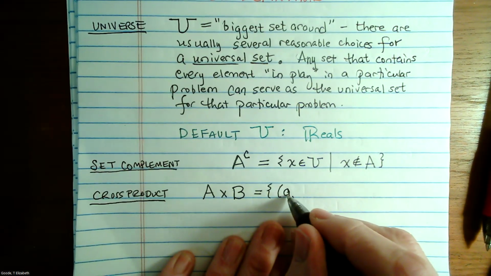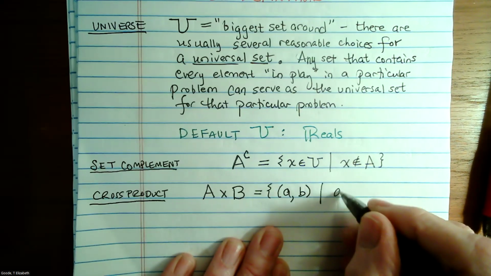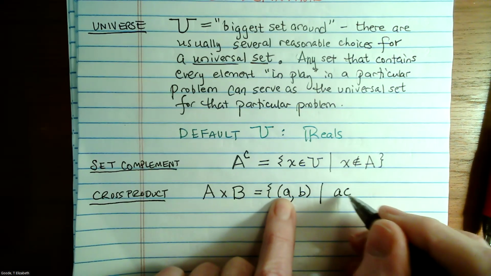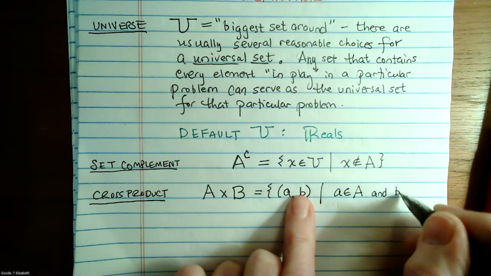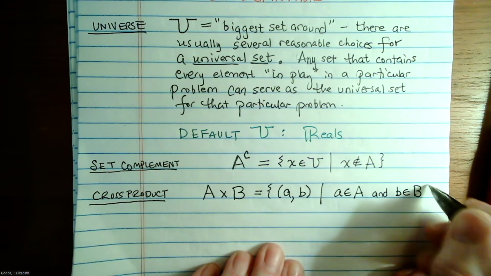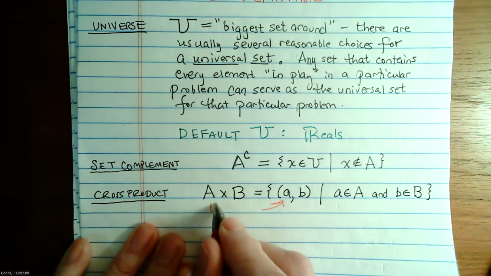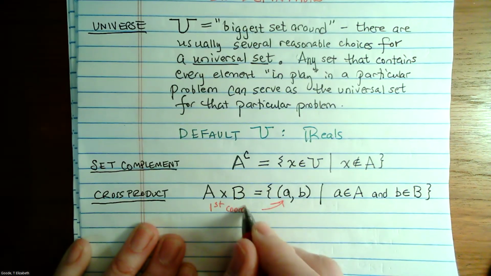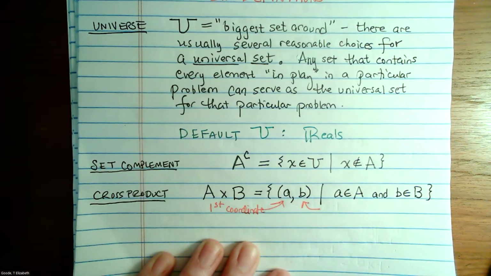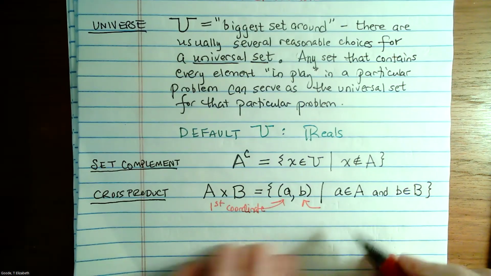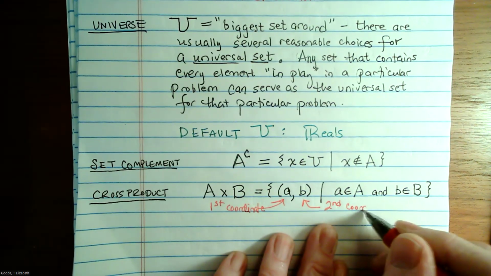Parentheses, little a, comma, little b, close parentheses, such that this first coordinate, little a, is an element of set big A, and the second coordinate, little b, is an element of the second set, big B. So, you've played games with ordered pairs. Anytime you ever graphed a point x comma y on the xy Cartesian coordinate plane, you were playing with the reals, cross the reals.